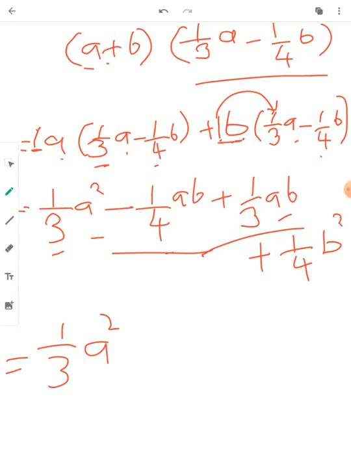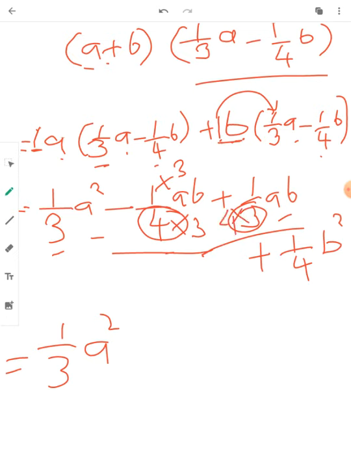So you have to find the common factor for these two. If you multiply by 3 to the bottom number, you have to multiply by 3 to the top number.